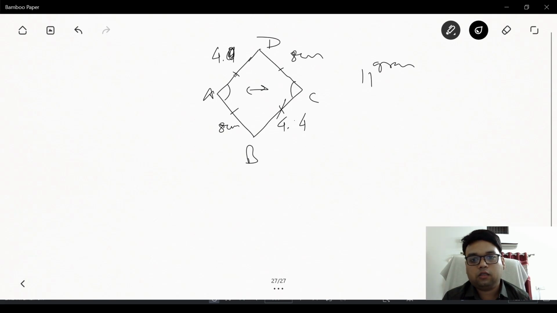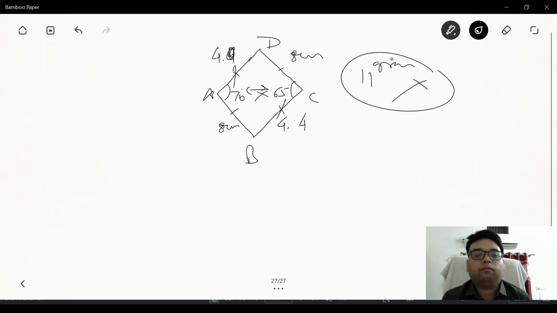So opposite sides are not equal, so it is not a parallelogram, and the angles are also not equal. The angles given here are 70 degrees and 65 degrees. So these are also not equal, hence it is not a parallelogram.